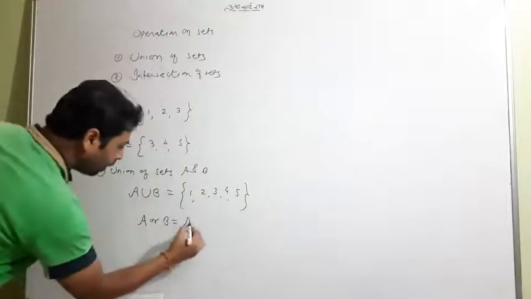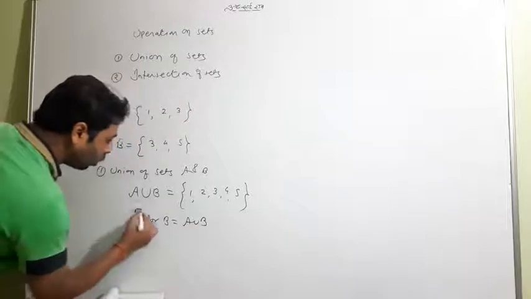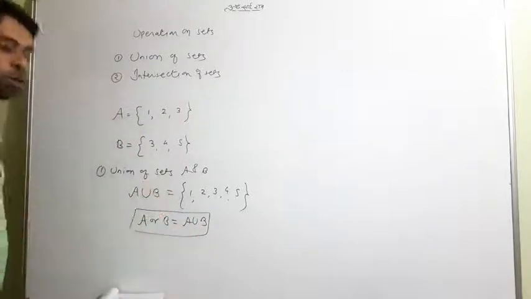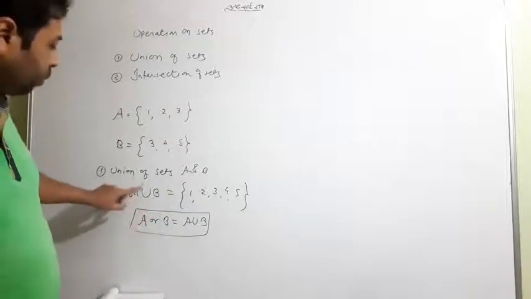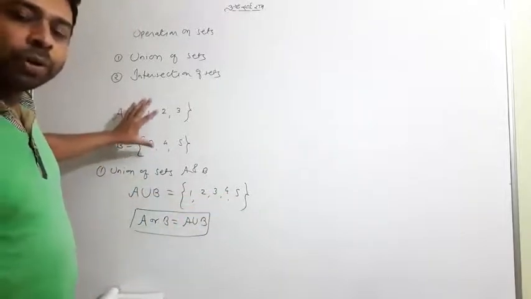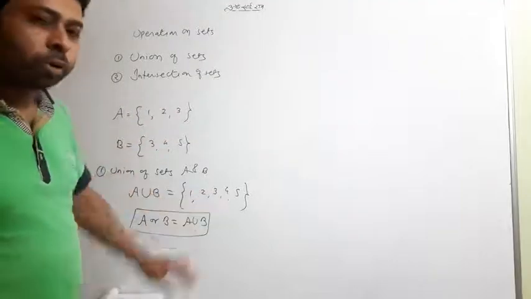A union B is also called A or B. Union means you have to combine all the elements of A and B, but the elements should not be repeated.